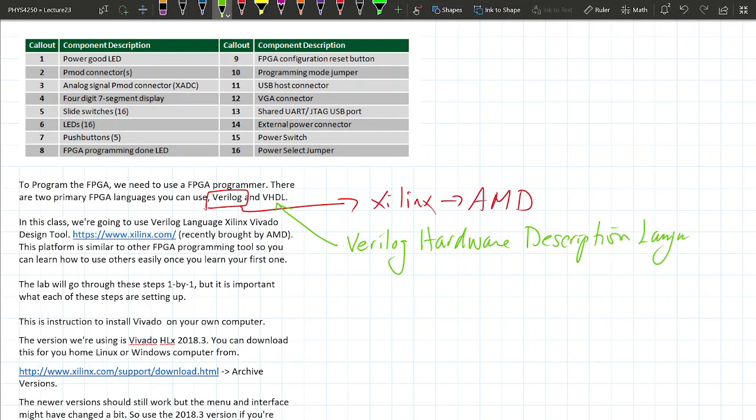That's why people say VHDL. And this is mostly run by Intel. So you can see the divide of the industry here already. If you go work for AMD, you will use Verilog. If you go work for Intel, you would use VHDL instead. They're very similar to each other. If you know one, you can just do the other, with simple syntax changes.